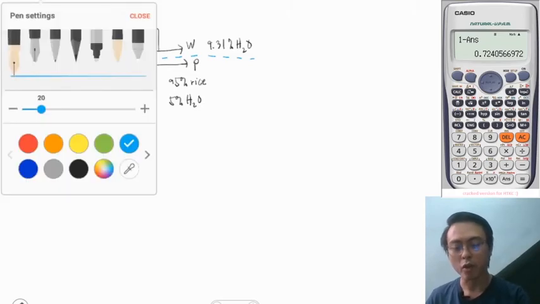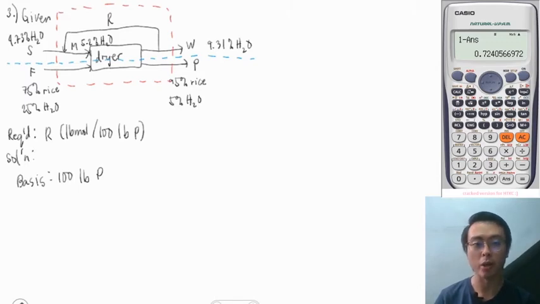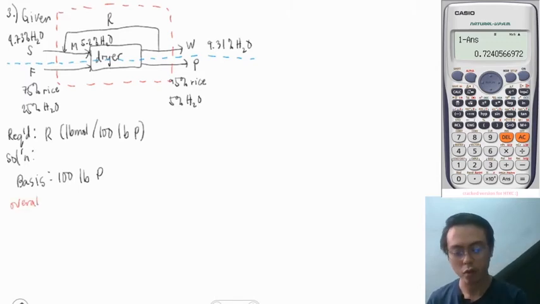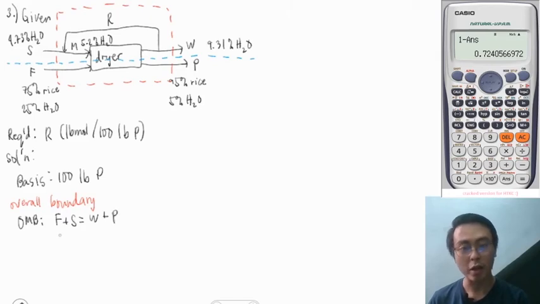Okay, so let's start. First, we set our overall basis. Your inputs are S and F, and your outputs are W and P. Now, overall boundary. What is our OMB? The OMB in this case is F plus S equals W plus P. We know the value of P, so this becomes F plus S equals W plus 100.